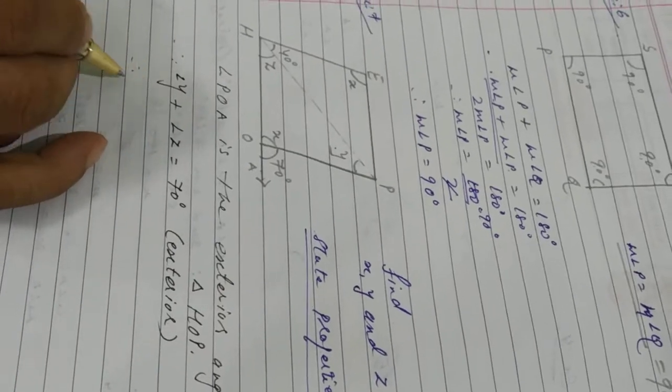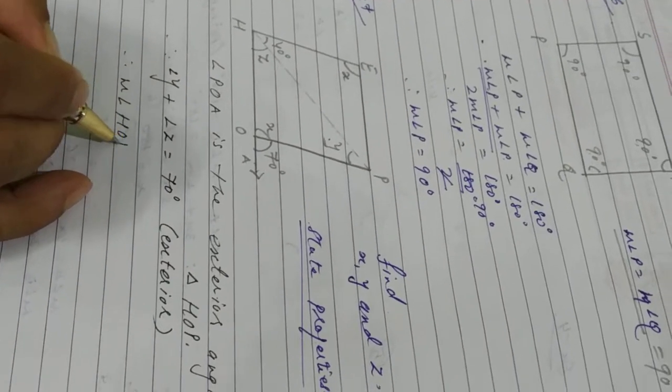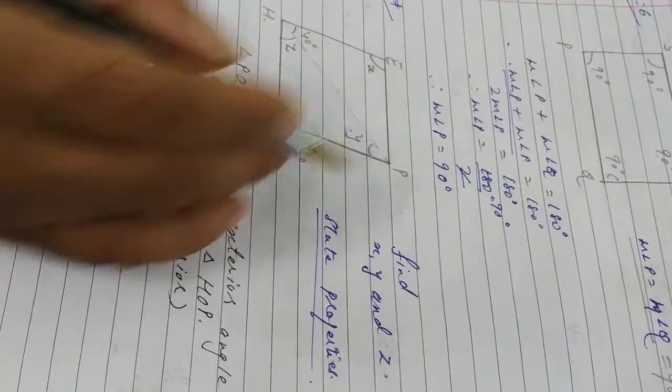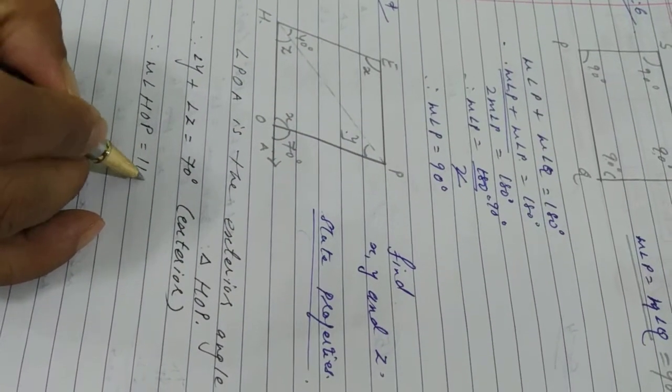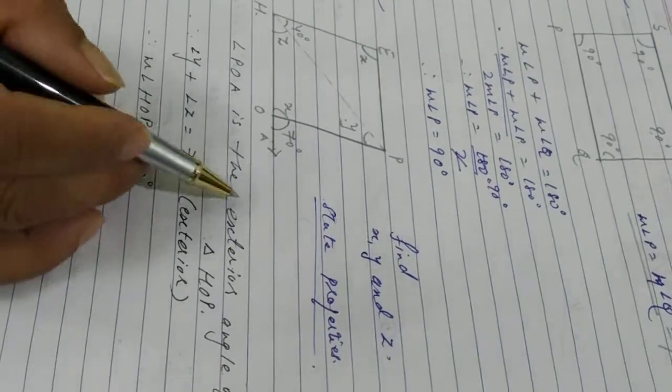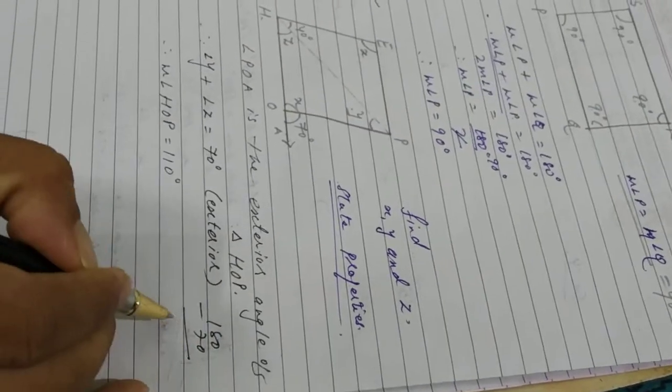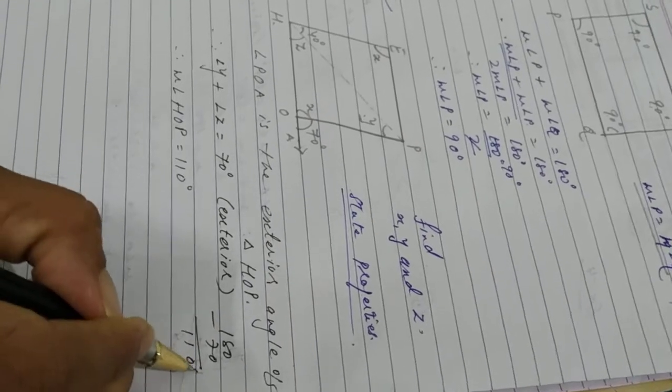Therefore, measure angle HOP is equal to 110 degree, because 180 minus 70 is 110 degree.